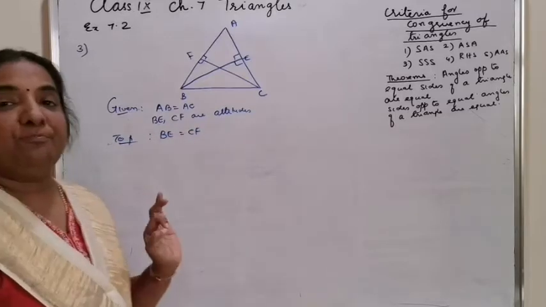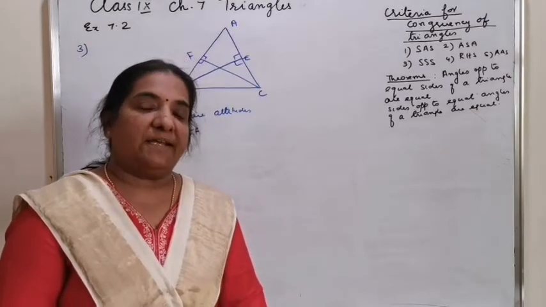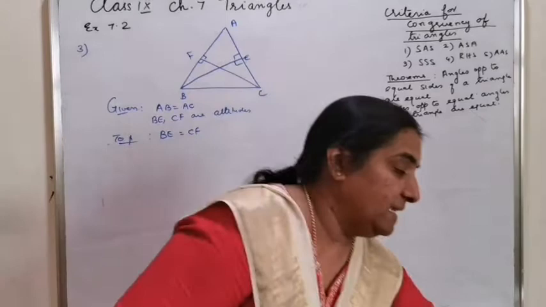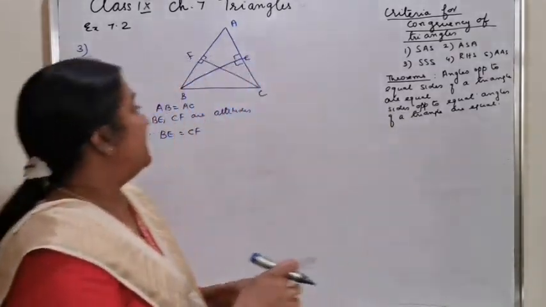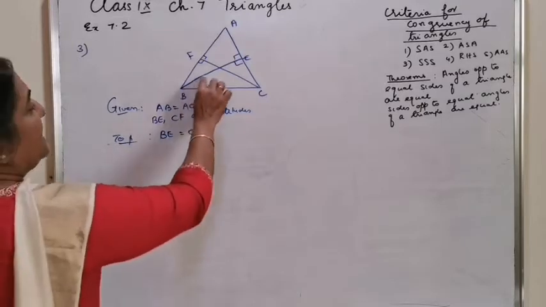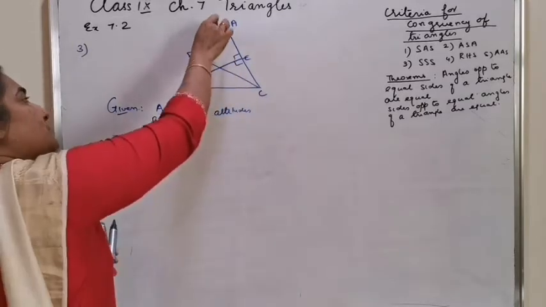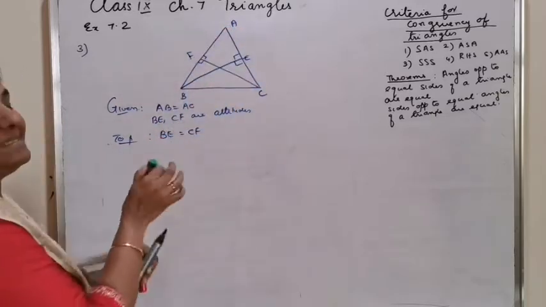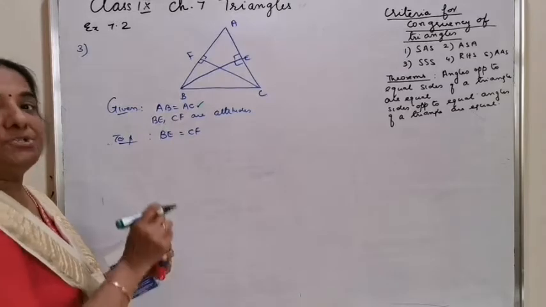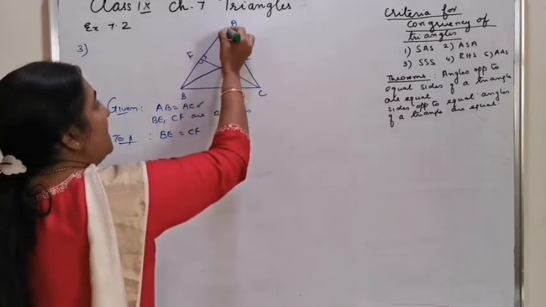Once you have to prove BE equal to CF, identify the triangles in which BE and CF are the sides, and at the same time we can use the given conditions. So BE and CF are sides. At the same time we must use the condition AB and AC are equal. This has to be used. So which are the possible triangles? ABE.